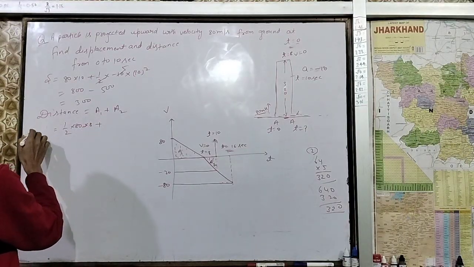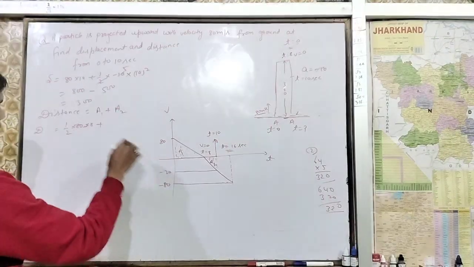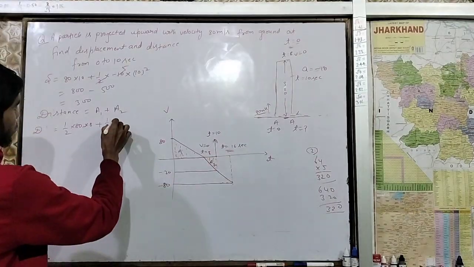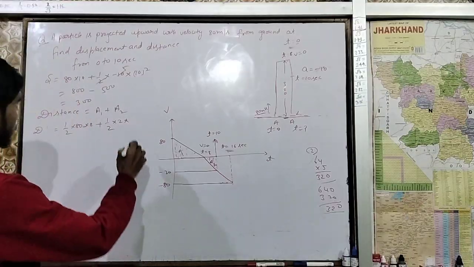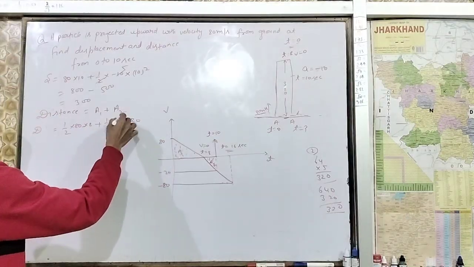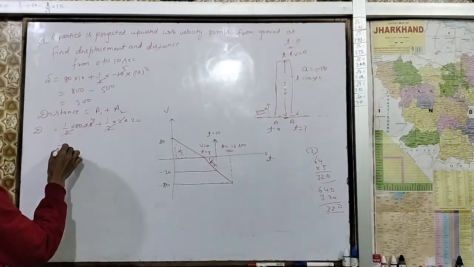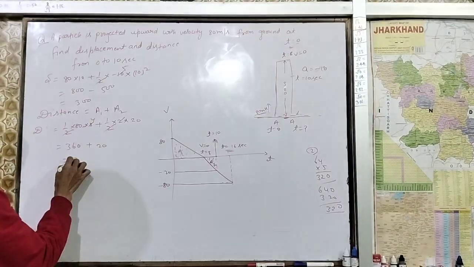Plus 1 by 2 again, base is 2 and height is I think 20. Now let's simplify this. 2 4s are 8, 4 9s are 36, 360 plus 20, 380.